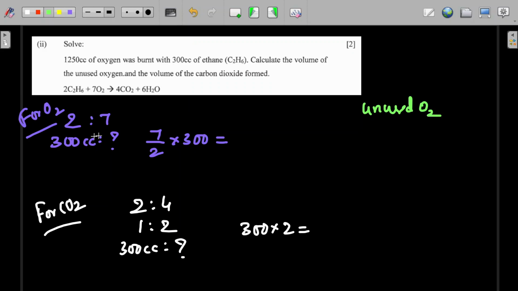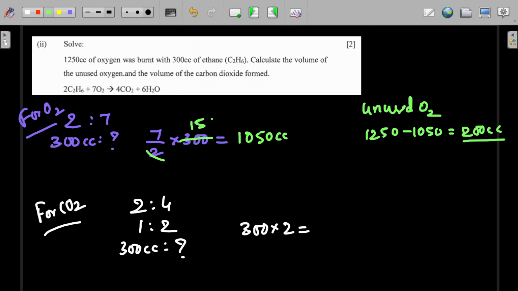Okay, used how much? 1050 cc. So 1250 minus 1050 is 200 cc. Right. And for CO2 it should be 600 cc.